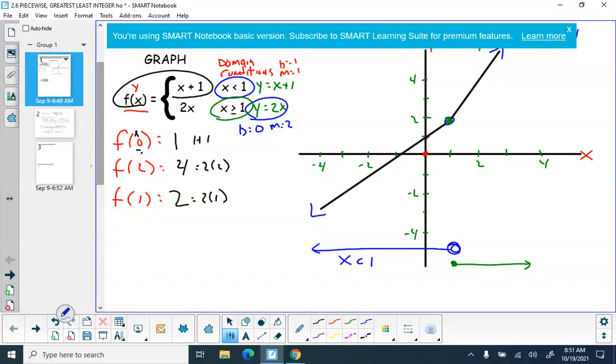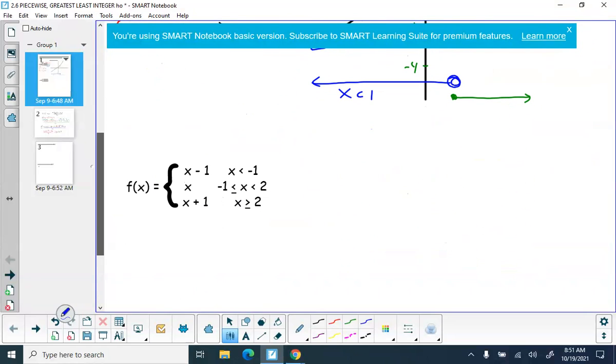If we look at the second one, we have 3 graphs.